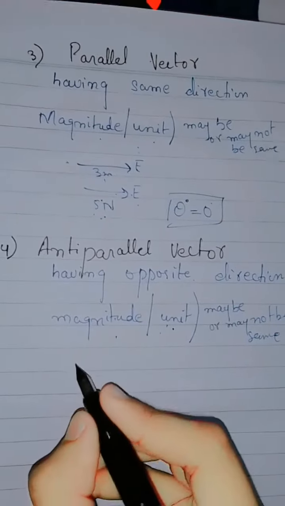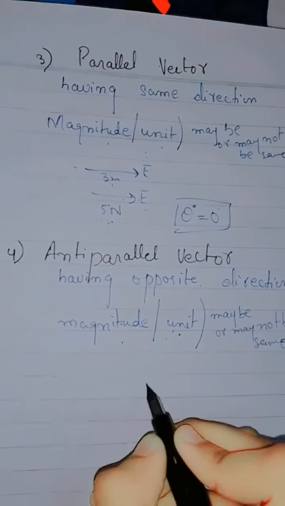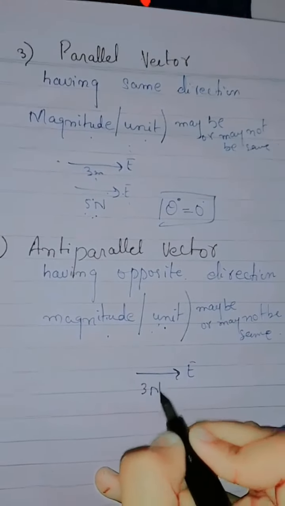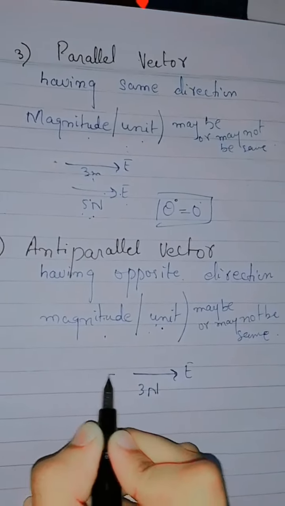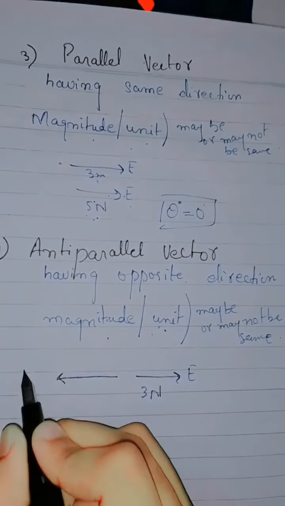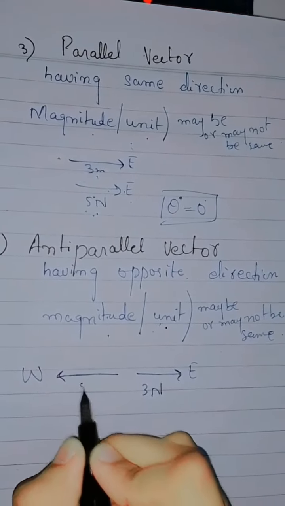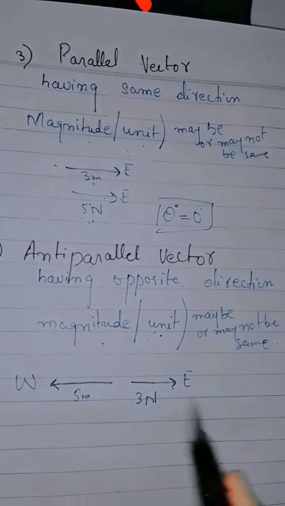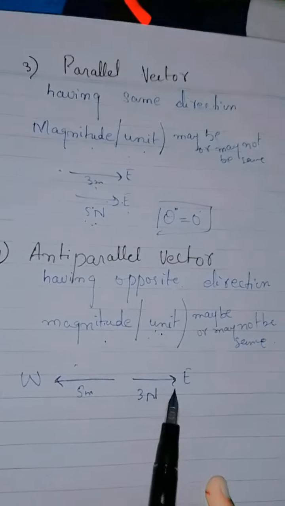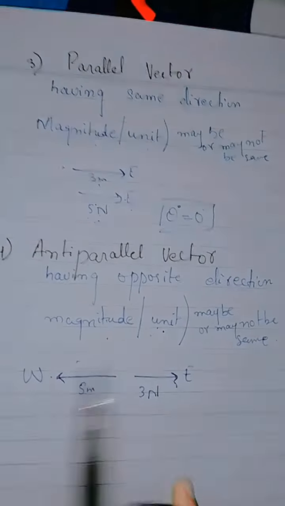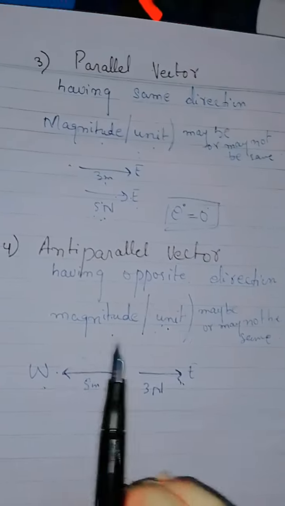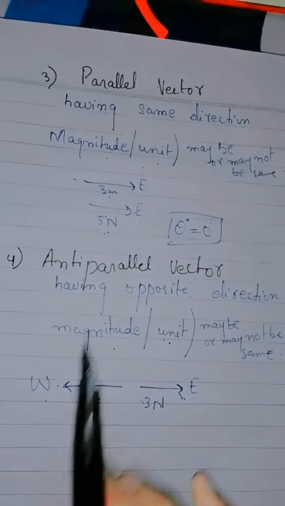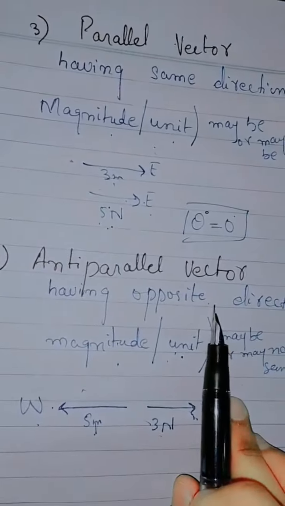For example, one vector is in the east direction, 3 Newton, and another vector is in the west direction with a different magnitude and unit. These two vectors have opposite directions, one east and one west, with different magnitude and different units, so that will be called an anti-parallel vector.